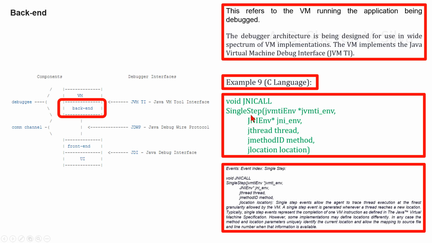Typically, a single step event represents the completion of one VM instruction as defined in the Java Virtual Machine Specification. However, some implementations may define location differently. In any case, the method and location parameters uniquely identify the current location and allow the mapping to source file and line number when that information is available.